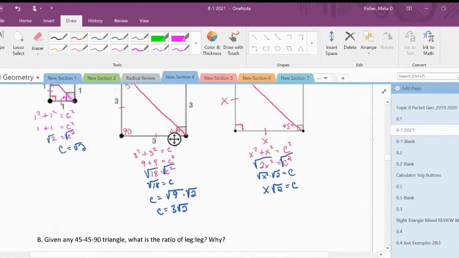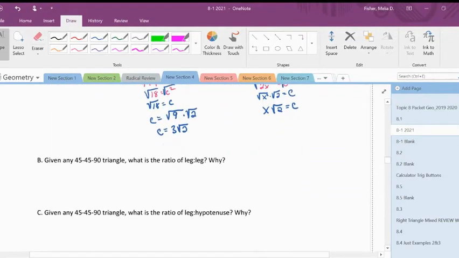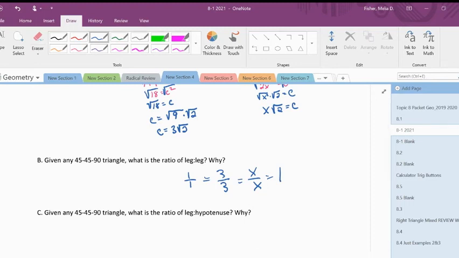So if I look at leg over leg, I have 1 over 1, 3 over 3, and x over x. All of those are going to reduce to 1 every time, because the two side lengths are the same.